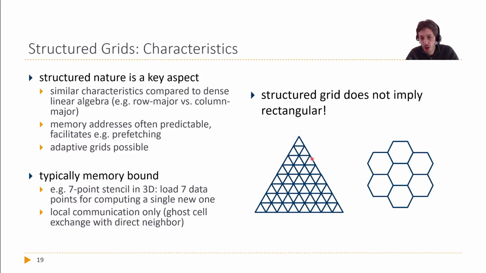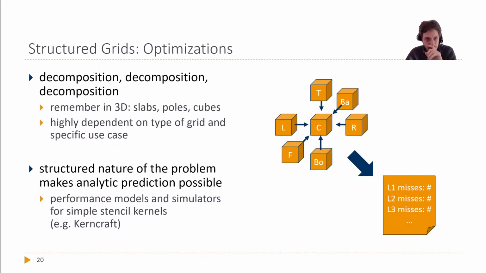Just put triangles on top of each other and fill in the holes with triangles turned upside down. Very simple. Or the hexagonal pattern is just the same. These are also structured grids, they're just not rectangular. So you could also have problems that require you to fit something like this into some kind of array storage in your system and work with a representation that looks like this rather than a rectangular grid, for whatever reason.